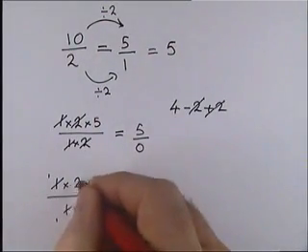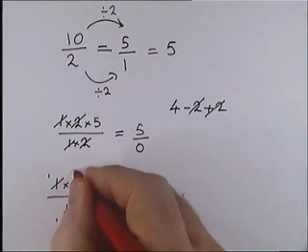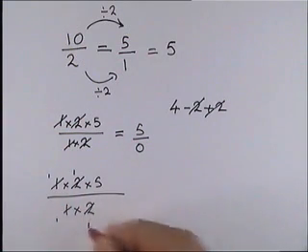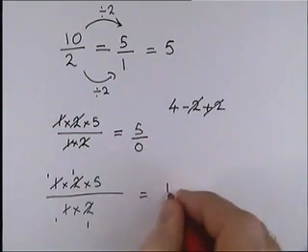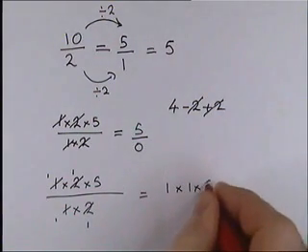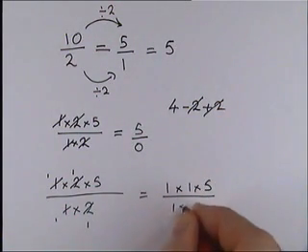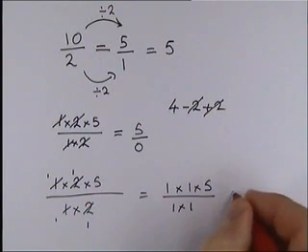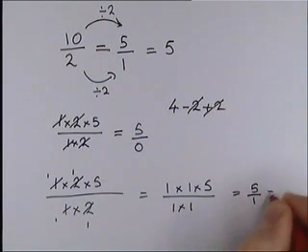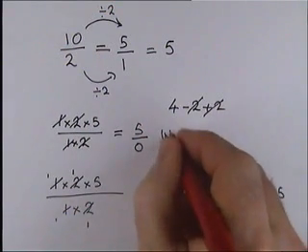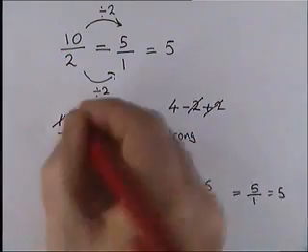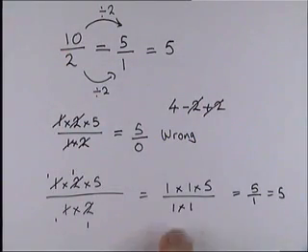Let's divide the 2 by 2. 2 divided by 2 is 1, and 2 divided by 2 there is 1. So you're left with 1 times 1 times 5 over 1 times 1, which is 5 over 1, which is 5. So this is absolutely wrong, just cancelling and thinking that's 0, but this is correct.